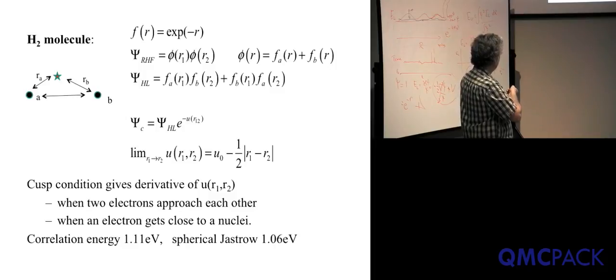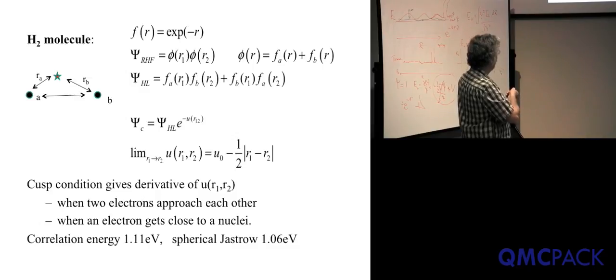So the type of wave function that really works well for a hydrogen molecule is this single-electron piece, which consists of two determinants, if you like. They're not really determinants, just two products and two terms. And then what's called a Jastrow-like piece, or a bosonic piece, that correlates electrons 1 and 2.